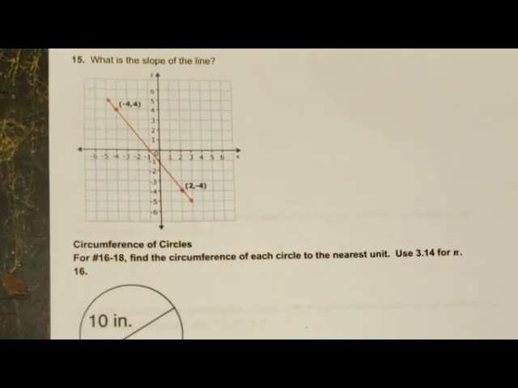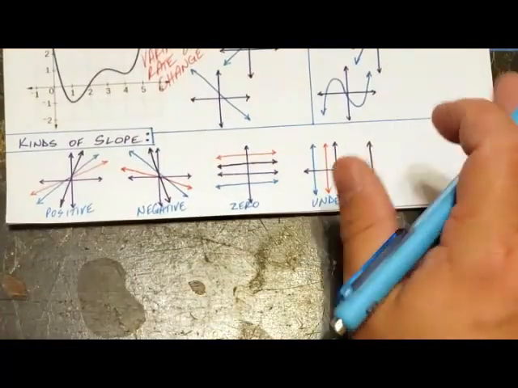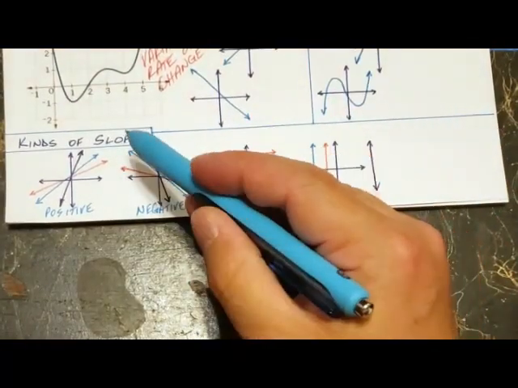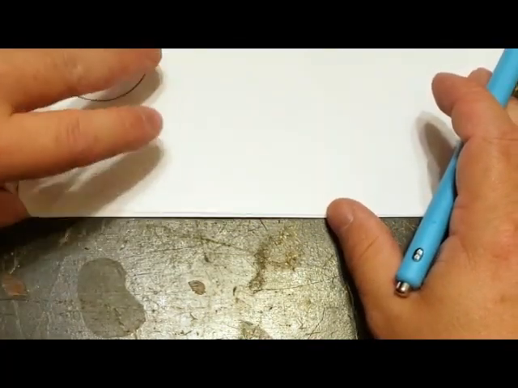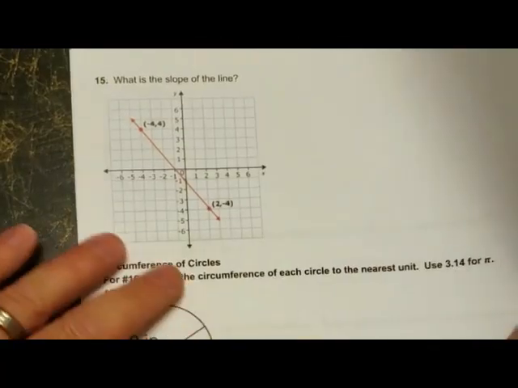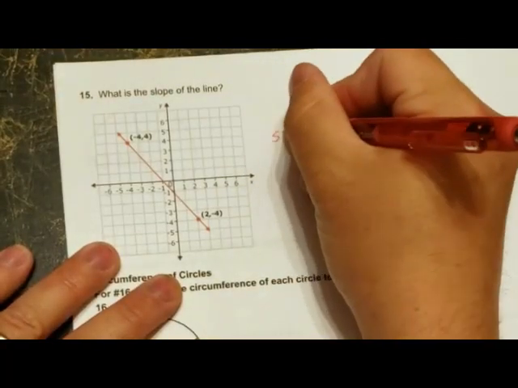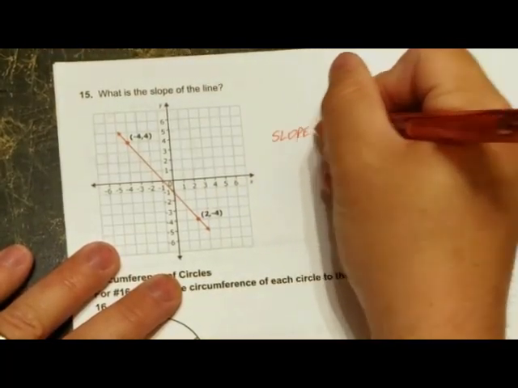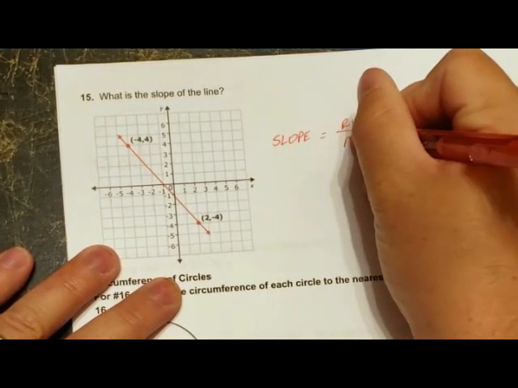All right, if the line is going down as you move from left to right, we said that's a negative slope. So we should wind up with a negative answer. All right, let's see if we do that. Again, slope is rise over run.